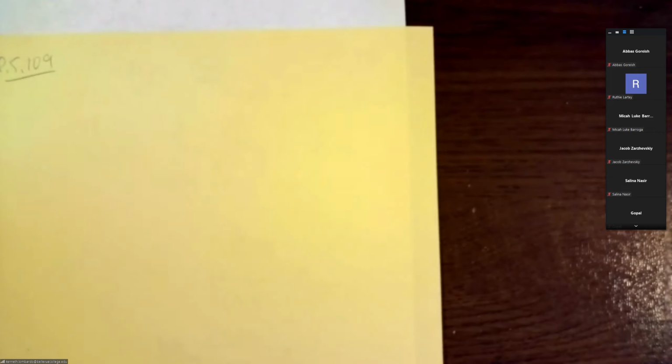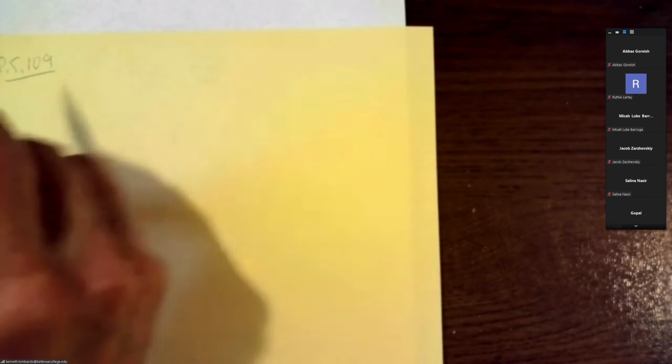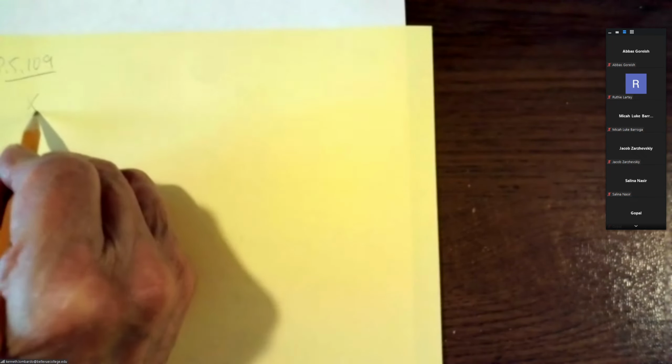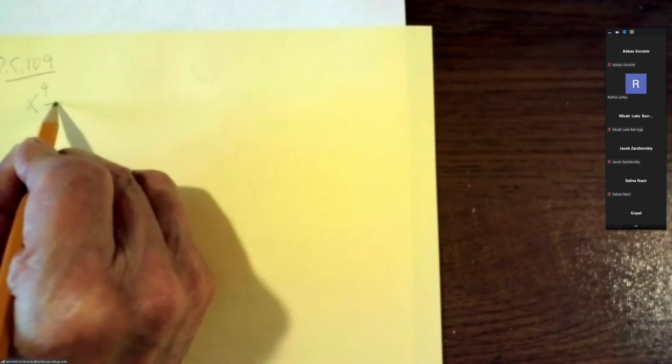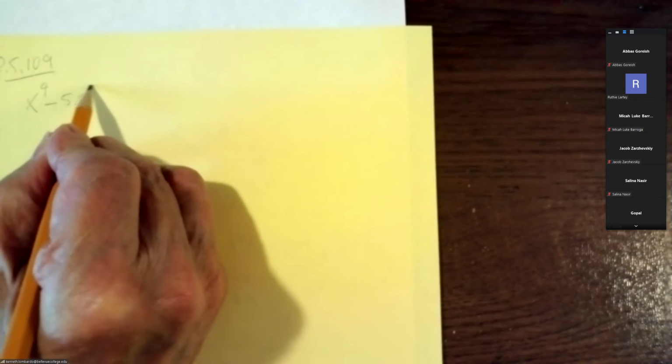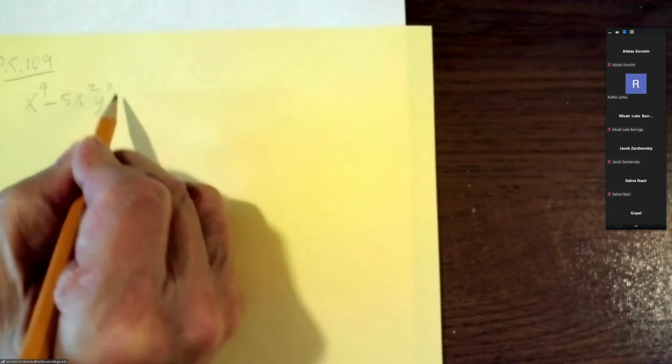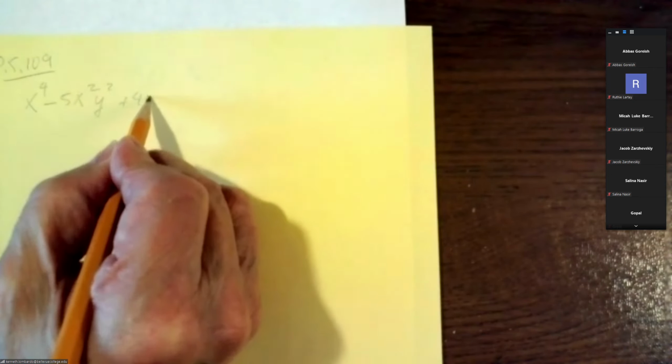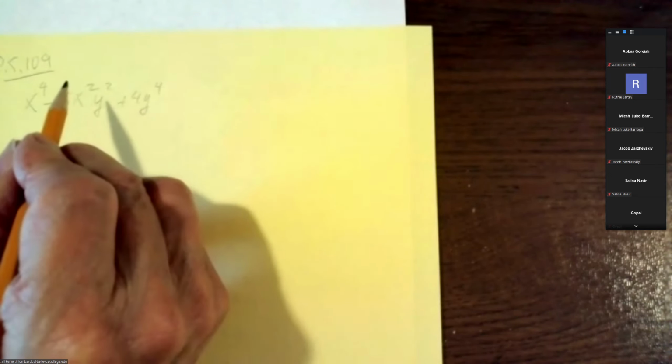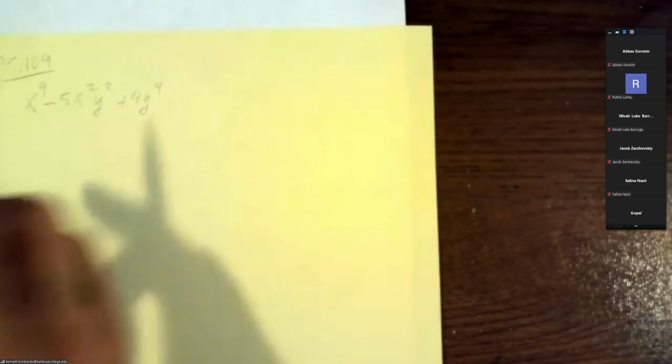Is that the one that starts out x to the 4th? Yes. Minus 5x squared y squared plus 4y to the 4th? And what are they asking us to do here?